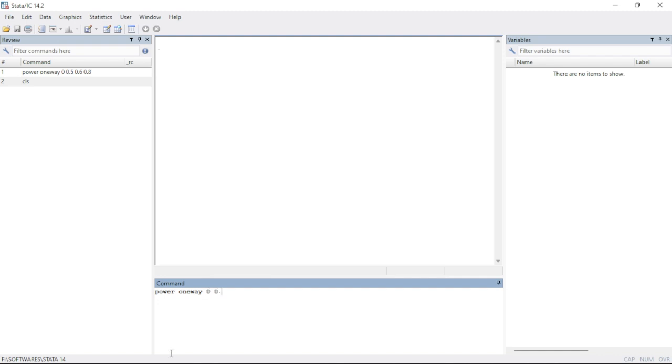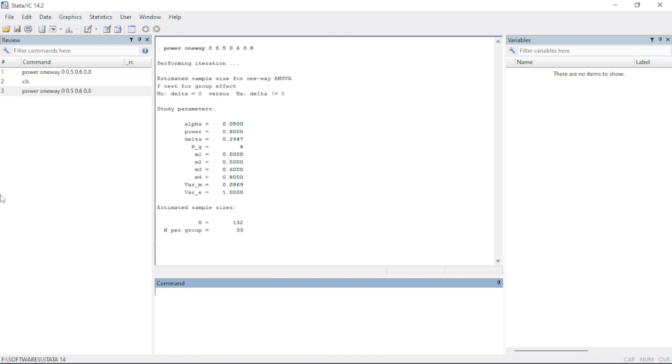Second group, I expect 0.5 effect, space. Third group, I expect 0.6 effect, space. Then the fourth group, I expect 0.8 effect. Then you press enter and it will do the same calculation for you. So this is the easier, direct way. The other one is just showing you what goes on behind the scenes. You could type the command and it will display all the results in here.